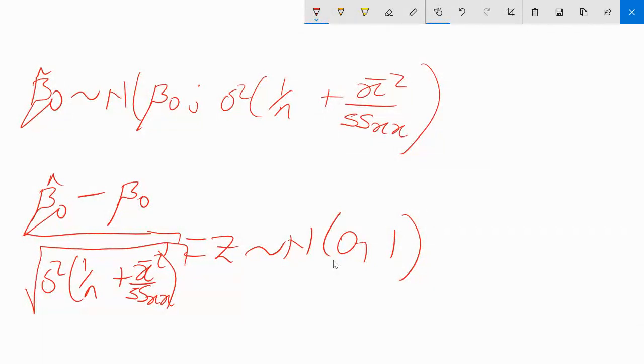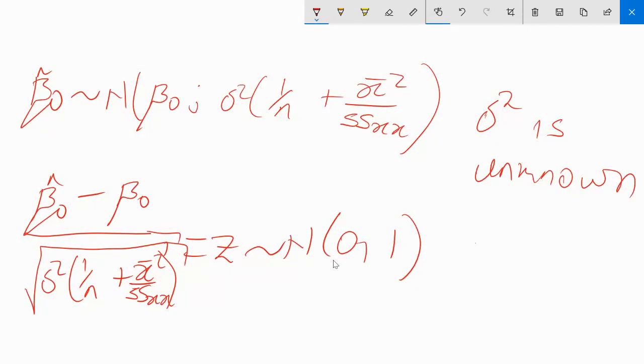So you must know that the standard deviation of beta 0 hat is the standard error of beta 0 hat. But as I indicated, sigma is not known. And if sigma is not known, we have to estimate it.